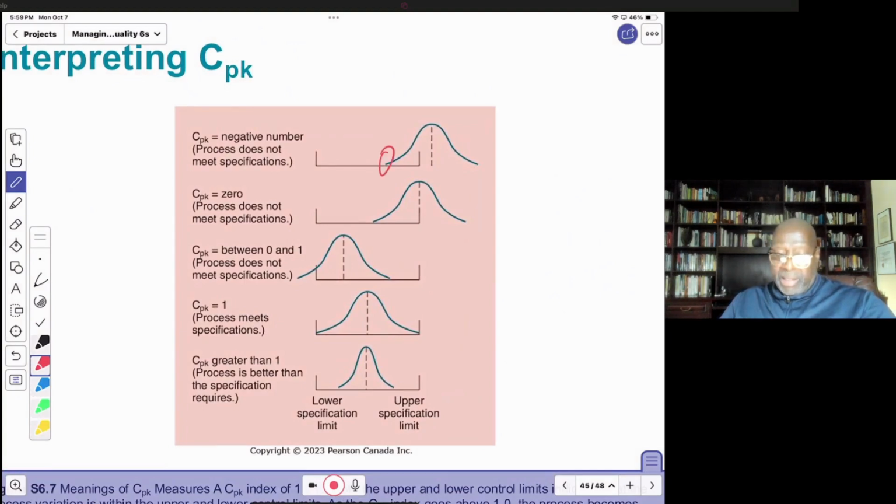Here we could meet the limit, but we cannot meet it on this side. All of that is out of spec. If it is 0, you're basically just meeting half of the specs, 50% of the time. If it is between 0 and 1, you're making some progress, but it is not fully capable. If it is equal to 1, it meets the specs, but is very, very tight. And if it is greater than 1, this is what you're aiming towards, somewhere between this and this. Then the process is capable.